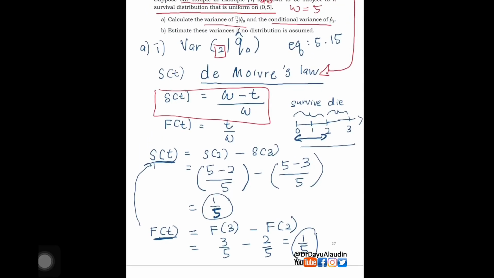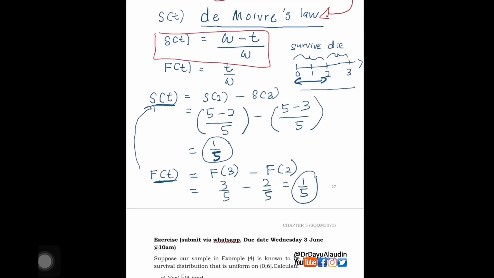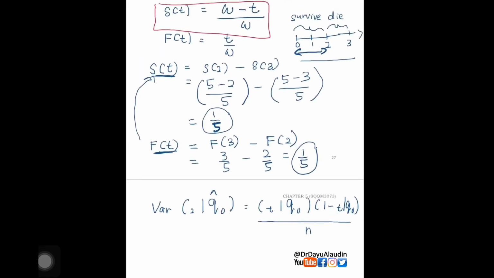Okay, now we can use the equation in 5.15 to substitute the variance. For this conditional probability, over n.